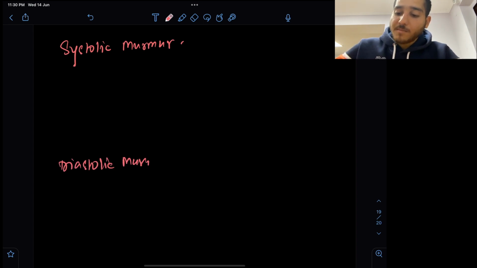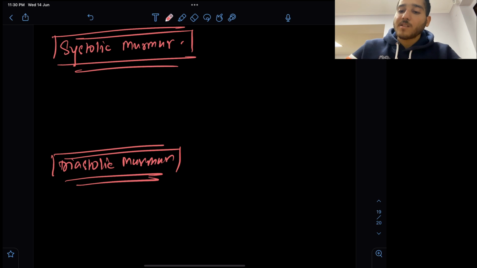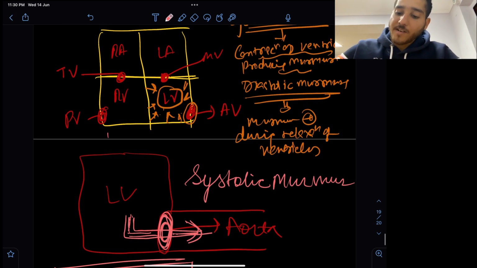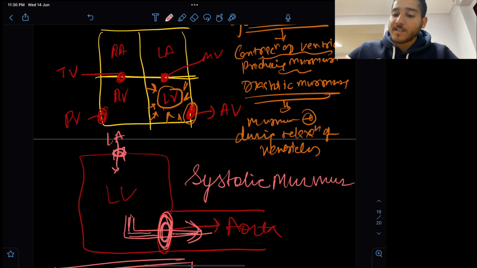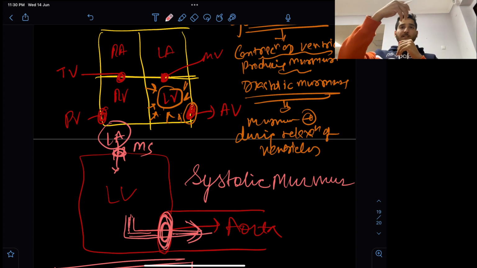I'll give you the example of a diastolic murmur when the left ventricle is relaxing. Normally the left ventricle gets its blood from the left atrium, right? If there's some mitral stenosis, during relaxation of the left ventricle, when it gets blood from the left atrium, the left atrium is pushing blood into the left ventricle, but there's a very narrow opening of the mitral valve.